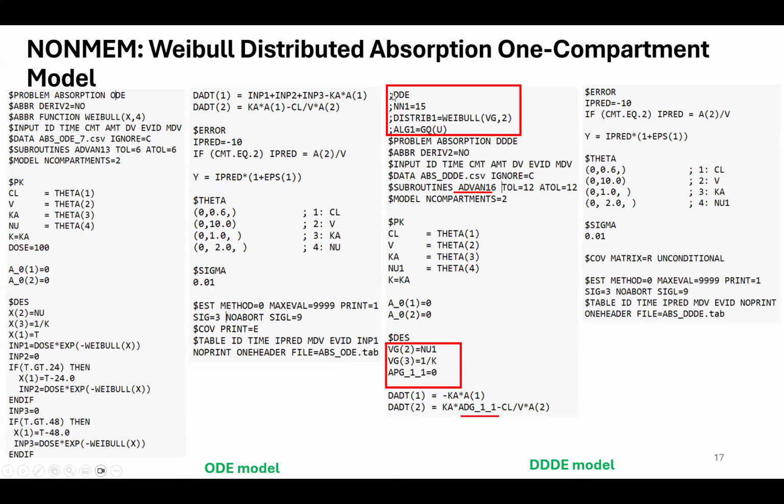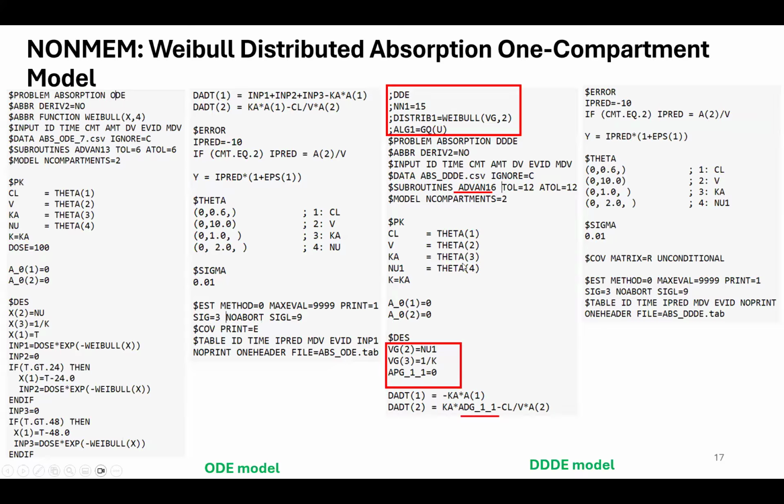So this semicolon DDE invokes the DDE expand utility, the number of nodes for the integration method, specifying what would be the kernel, and then I also specify the default algorithm for the integration, which is this Gauss-Legendre integration algorithm. And as I mentioned before, you can only use the solvers that support distributed delays, and I use ADVAN 16.